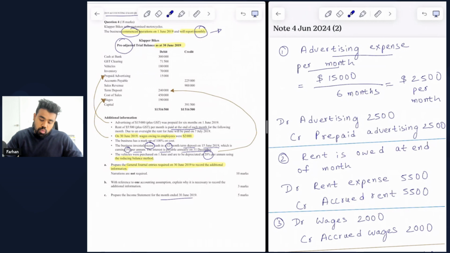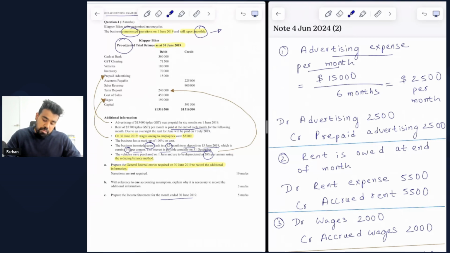And therefore, we have to credit prepaid advertising by $2,500 to reflect a reduction in the balance of a current asset. Assets by default are always debited, which means when assets increase, they're debited. Now that asset is decreasing because of the advertising that we have consumed, we have to credit it to reflect that reduction.